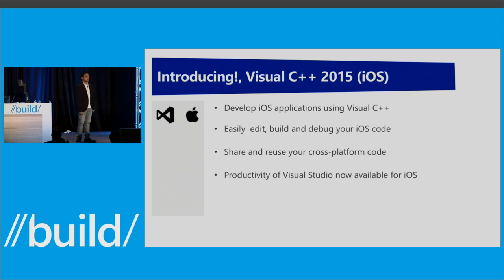You'll be able to not only build these applications, but also edit and debug them. When editing, you can use all the features I just showed you from a cross-platform IntelliSense perspective, from a refactoring perspective, and so on. We'll also provide the same cross-platform code sharing features that I just demoed.